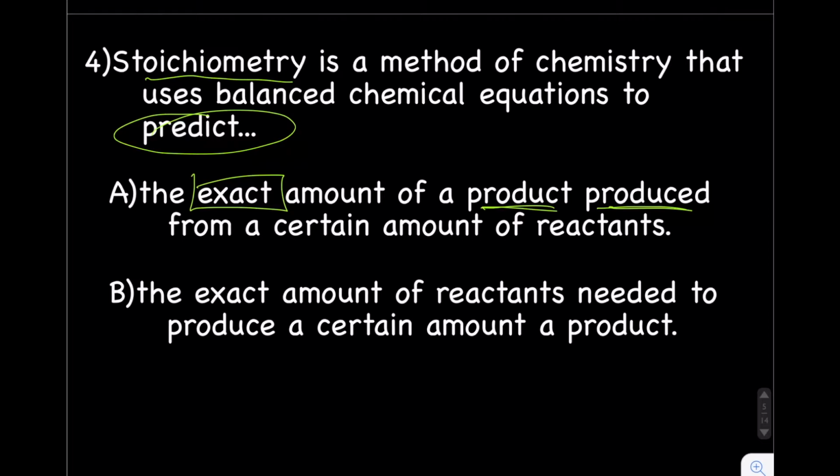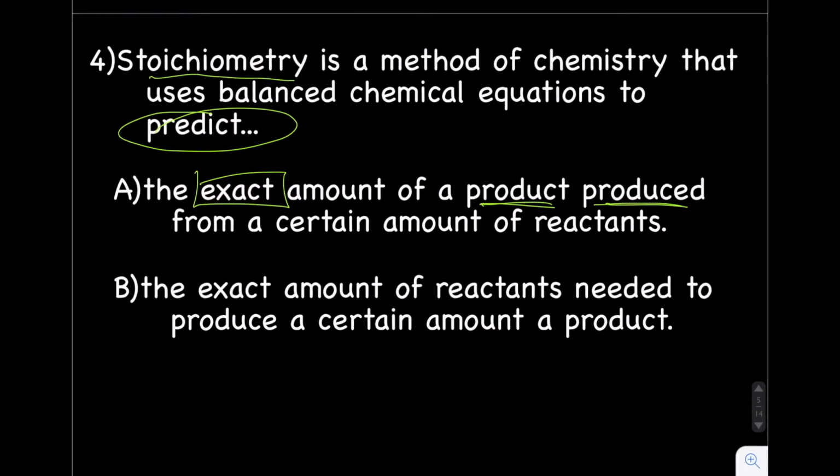Or if you know how much product you need, you can figure out how much reactants are needed to produce that amount of product. Okay, so that's what we're going to be working on for the rest of this unit, predicting the amount of reactant needed or product produced in a reaction. All right, let's get to the stoichiometry.